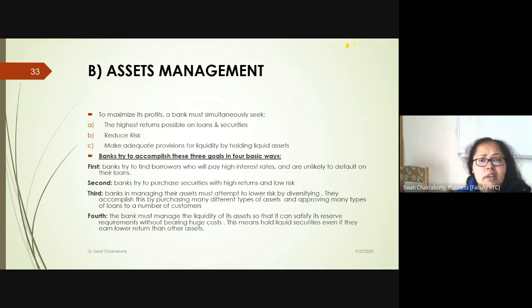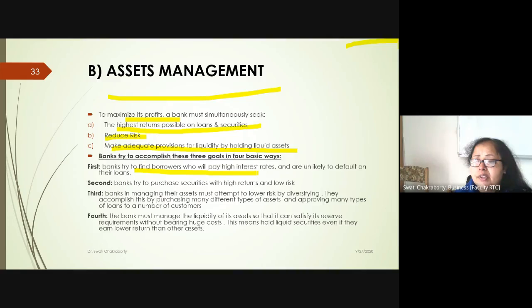Asset management, right? So what do we mean when we say asset management? To maximize profit, a bank must simultaneously ensure the highest returns possible on loans and securities, reduce risk, and make adequate provisions for liquidity by holding liquid assets. So how do banks actually achieve this? First, banks should find borrowers who will pay high interest rates and are unlikely to default on their loans.